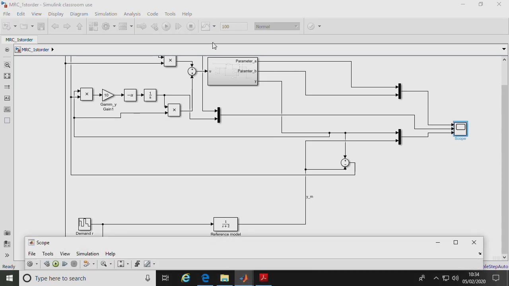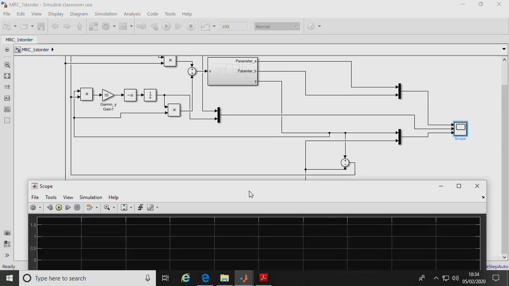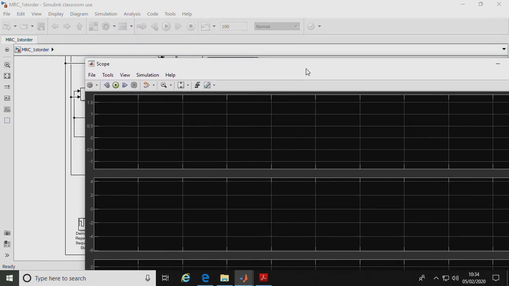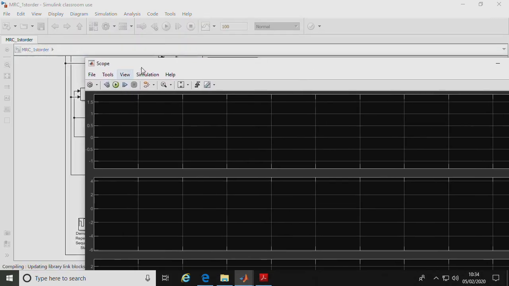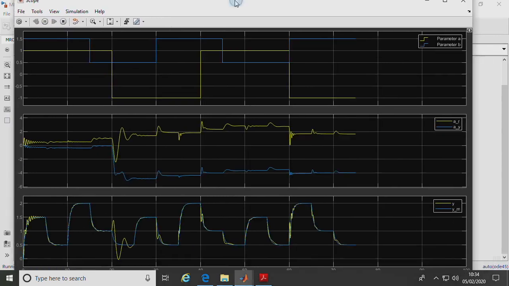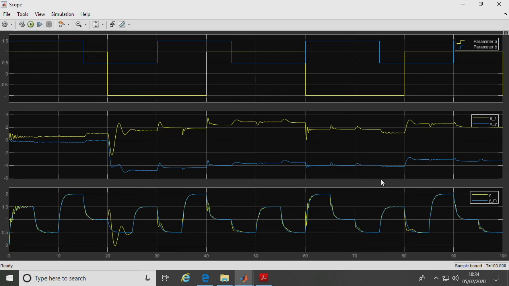It's just simply that I want to show you effectively what can happen if we simulate this. So here we can see Y as an output, and there's Ym.